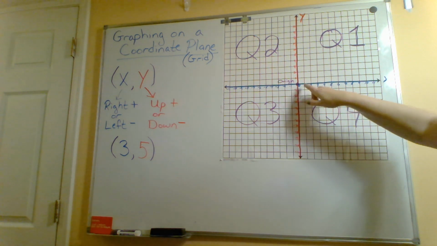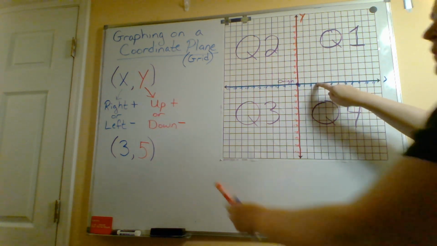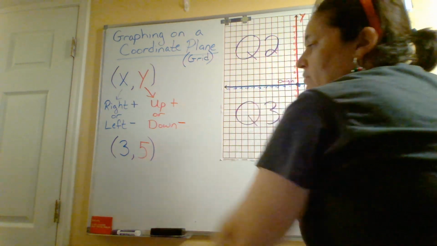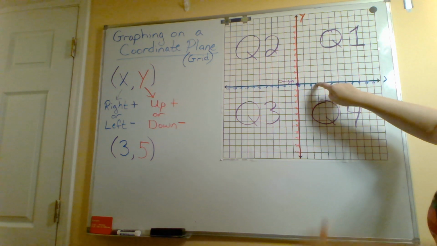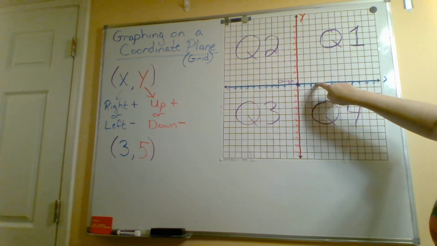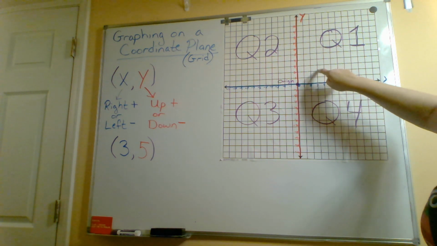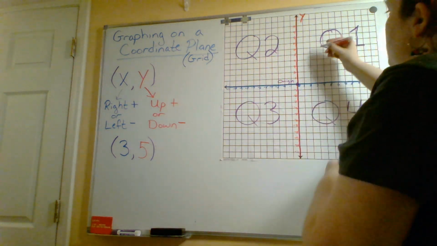So I have to count 1, 2, 3. So I'm here right now. Now I do the second number. The second number is a positive 5. So the second number tells you how far to go up or down. It's a positive 5, so I'm going to count up 5. 1, 2, 3, 4, 5. That is where I need to put my point.